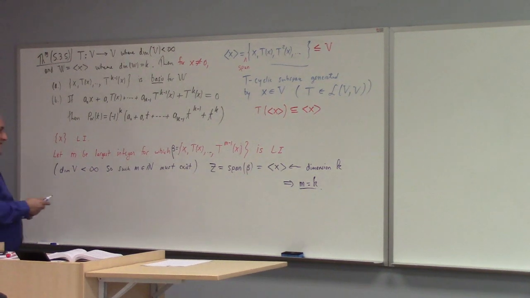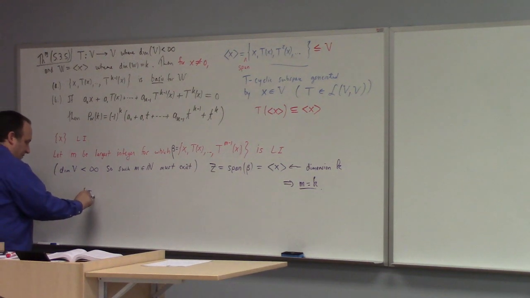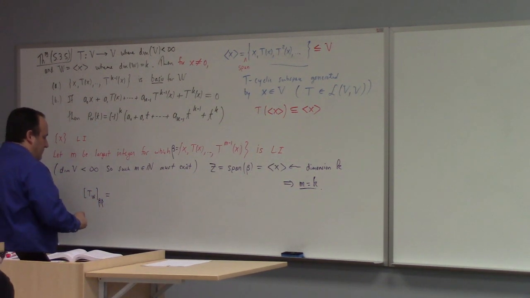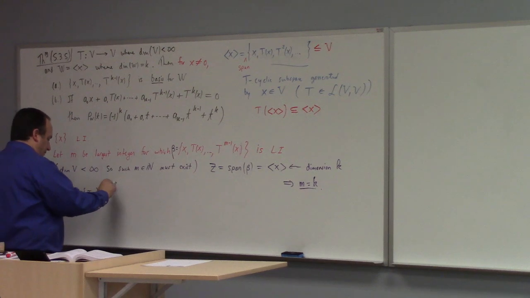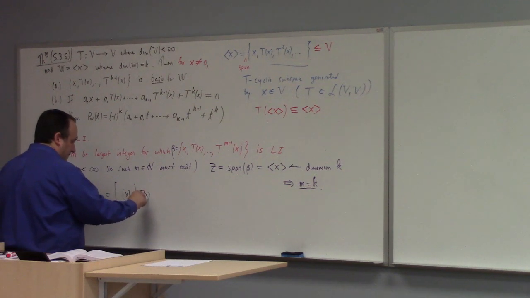So suppose that we look at the matrix of T restricted to W here, with this beta basis. Then we'd be looking at x, T of x, right?